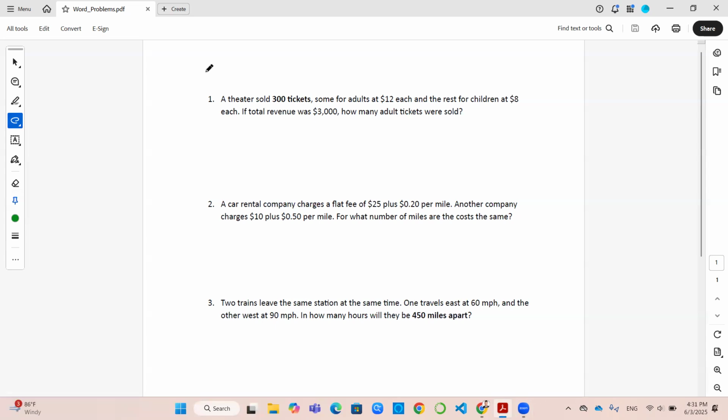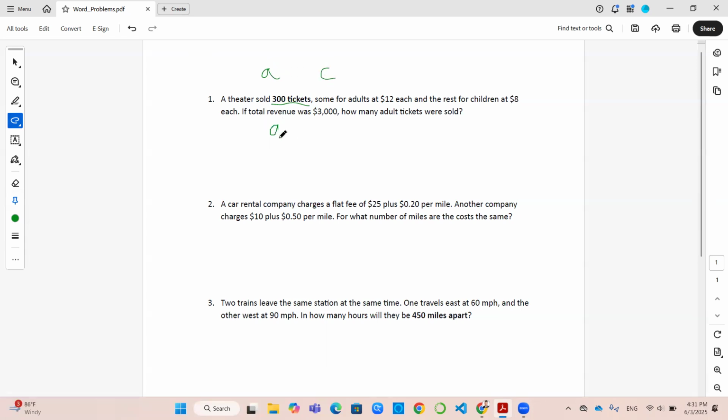A theater sold 300 tickets, some for adults at $12 each, and the rest for children at $8 each. If the total revenue was $3,000, how many adult tickets were sold? So we have information of 300 tickets, and we have adults and children.